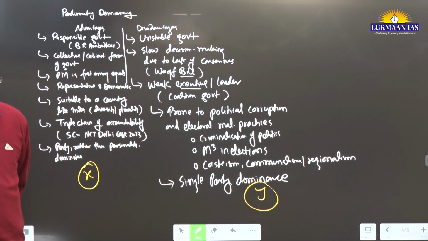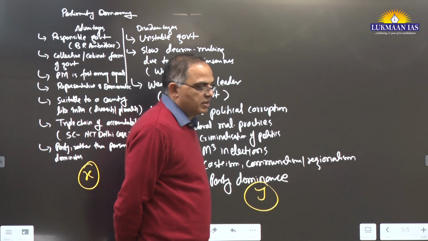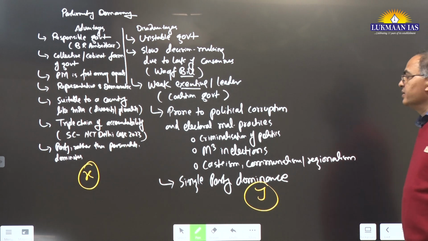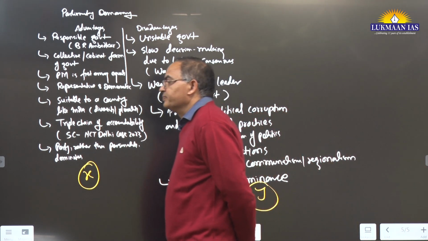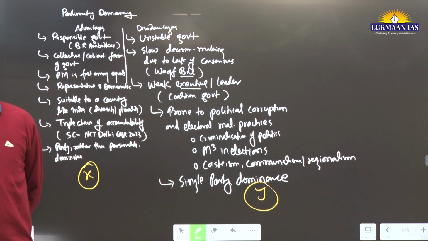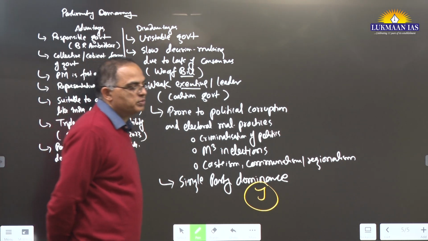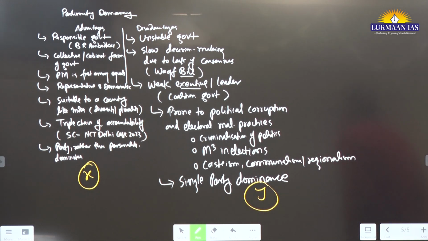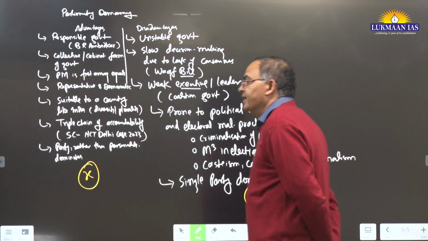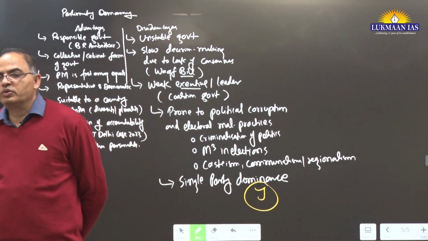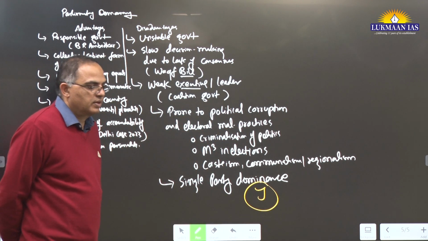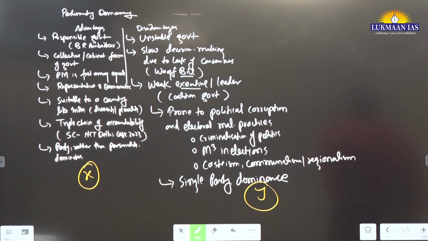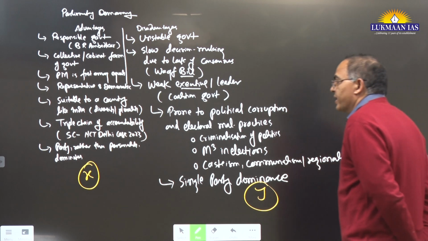The idea of responsible government. It is a subheading. It means the government should be responsible to the people, through the legislature, and there should be a democratic system of governance.